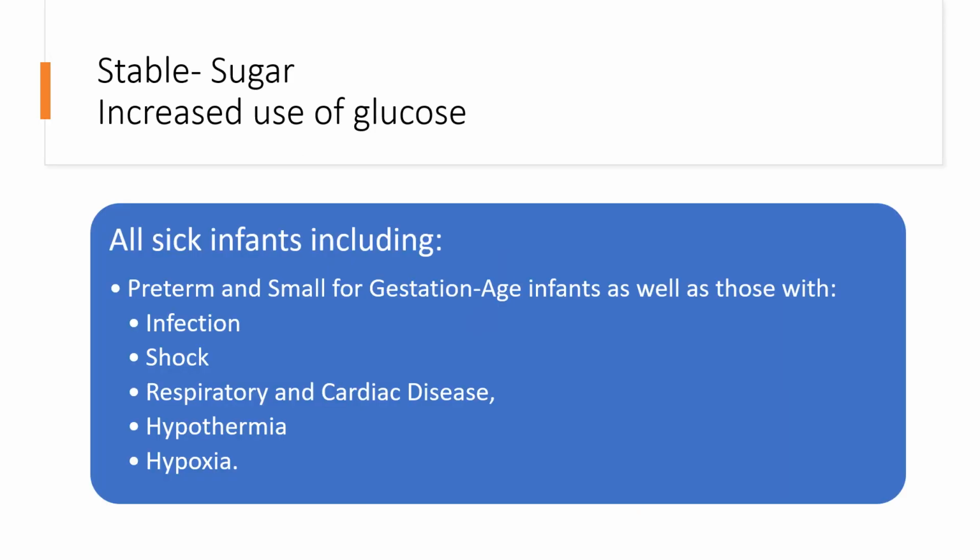All sick infants, whether they have some type of infection or any type of shock, any of the congenital heart diseases or respiratory issues, if we have to provide resuscitation, hypothermia and hypoxia, anything like this can cause them to have low blood sugars.